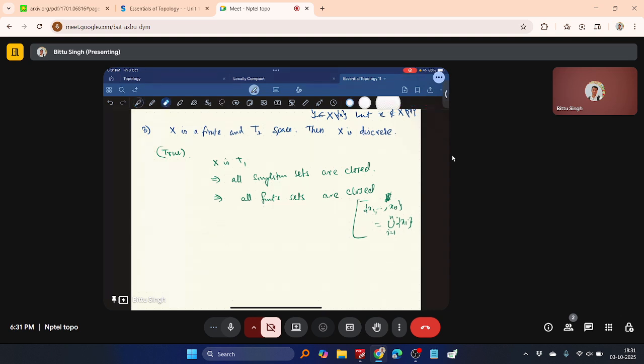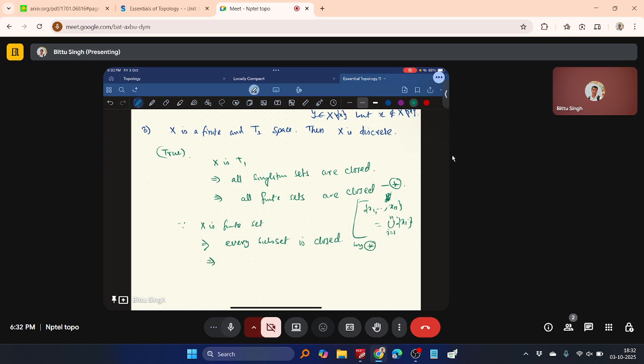So from here it is clear that since X is a finite set, every subset will also be finite, and is closed because of this, by star.